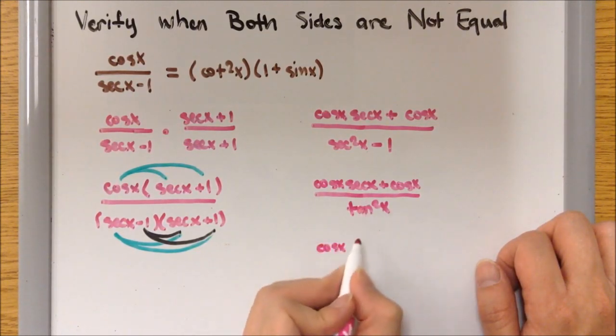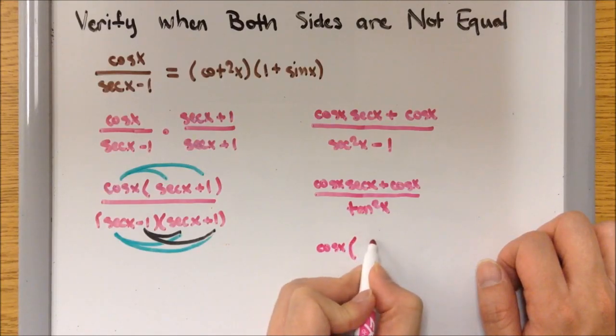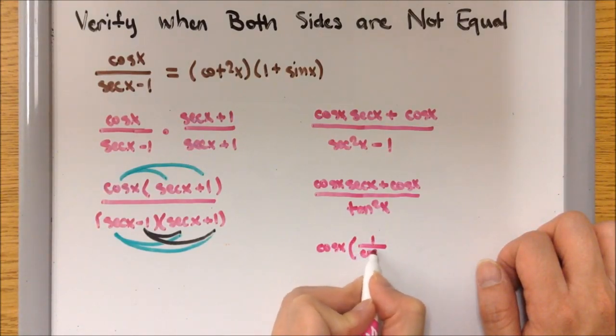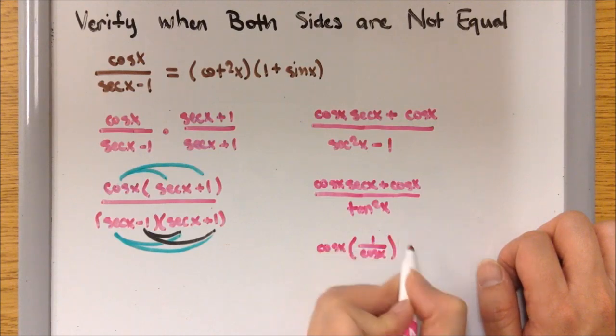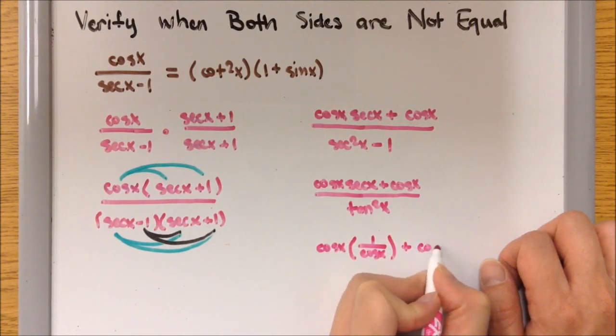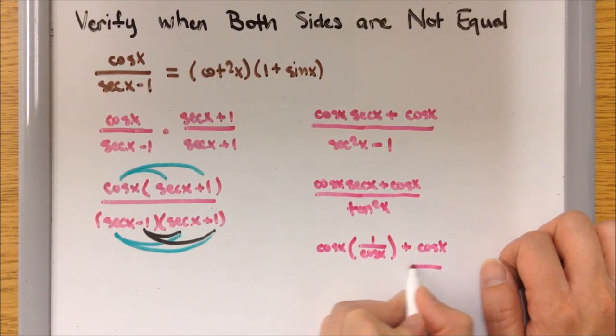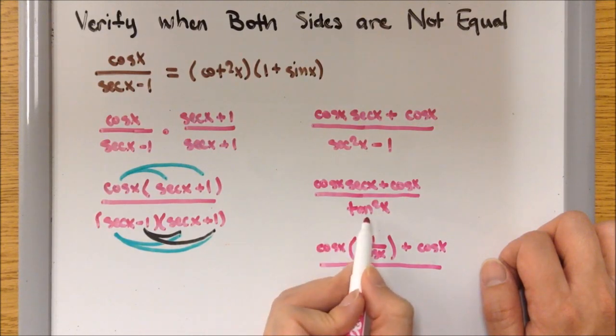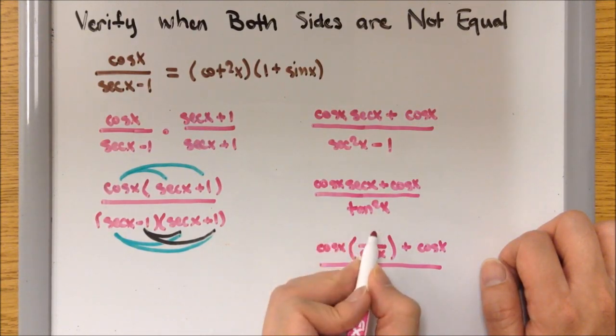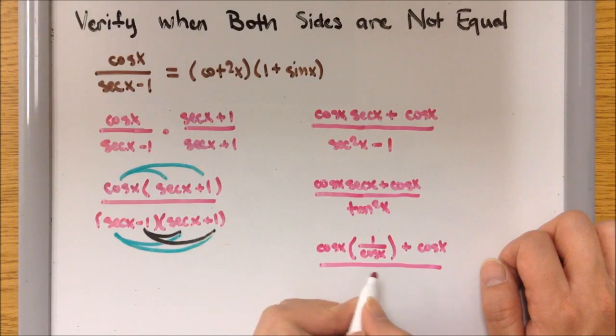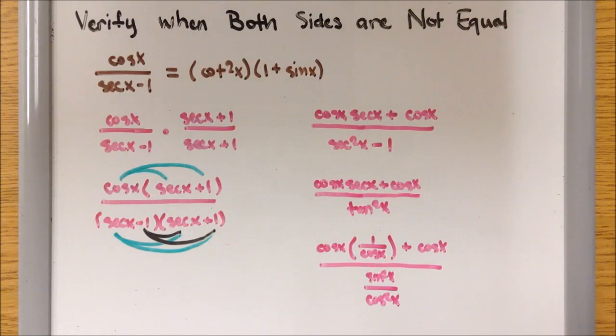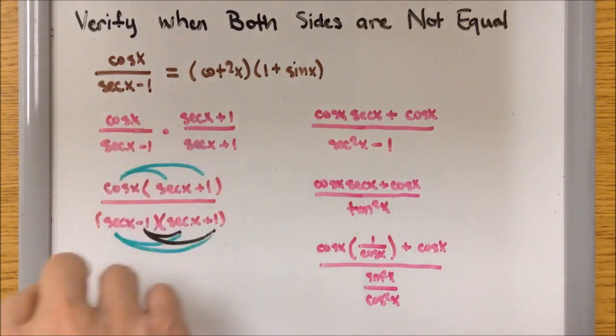What I'm going to do to the secant of x, I'm going to apply the reciprocal identity, 1 over cosine of x, and then plus cosine x over, and then I'm going to apply the quotient identity for tangent square x, which will be sine square x over cosine square x. Alright, I'm going to erase this side to make more room.